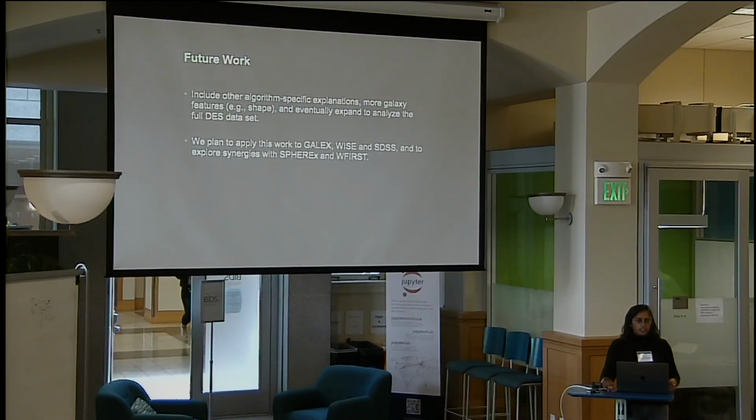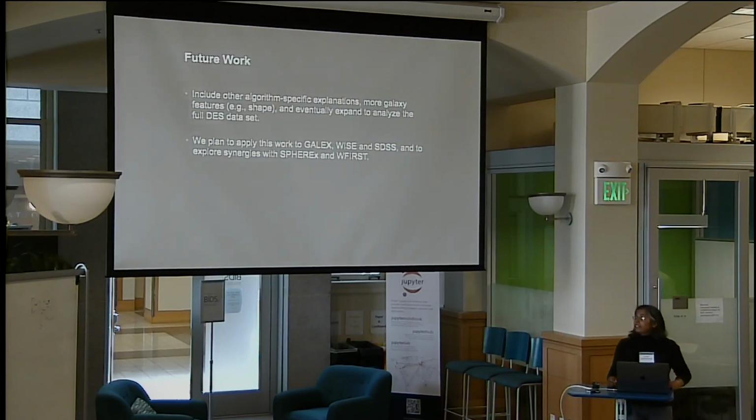The field of explanations for machine learning algorithms is exploding, so the choice of algorithm doesn't matter so much as long as we can choose something that has some sort of post hoc explanation, or maybe something that's naturally interpretable. Eventually, we're going to expand this to the full DES data set. We also will be applying this to GalXWise and SDSS, and ideally explore synergies with SphereX and W first. So that's it. Thanks so much.